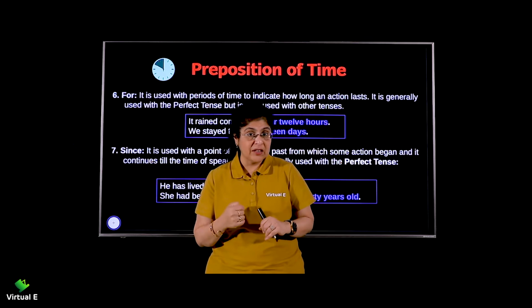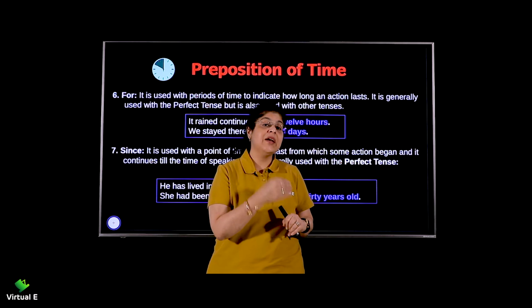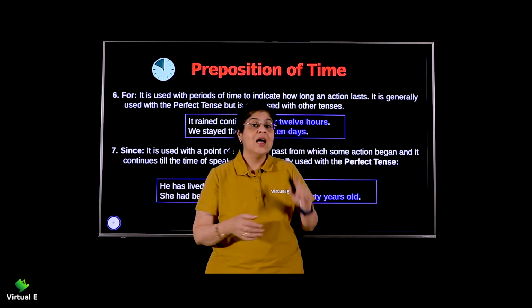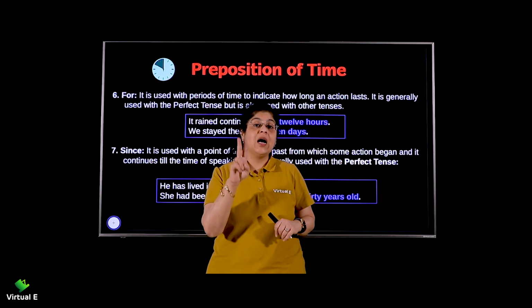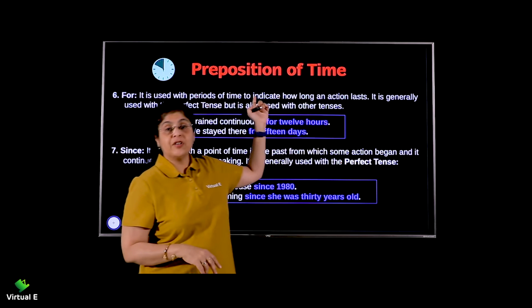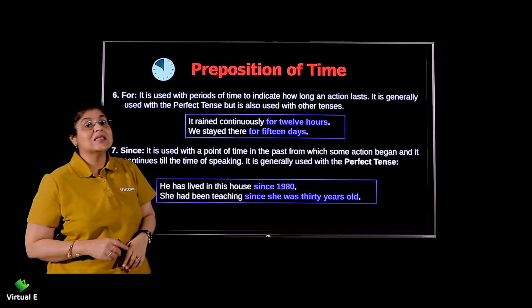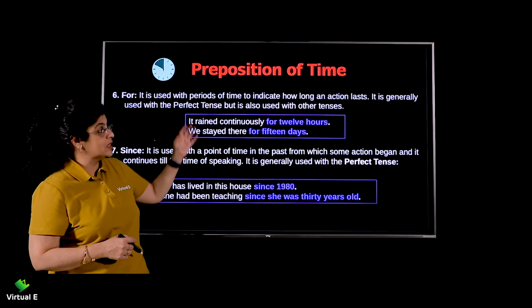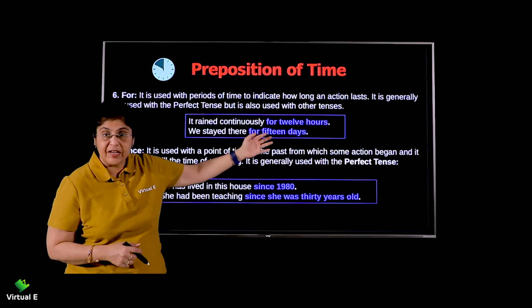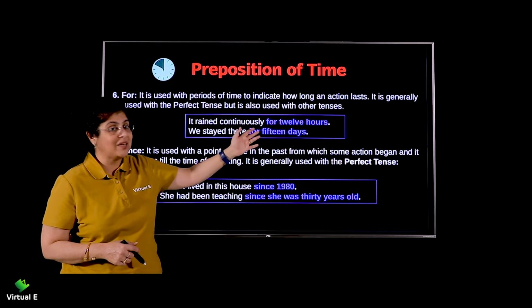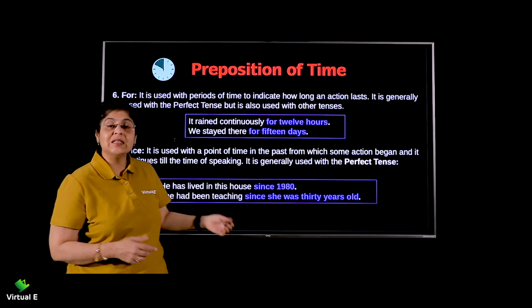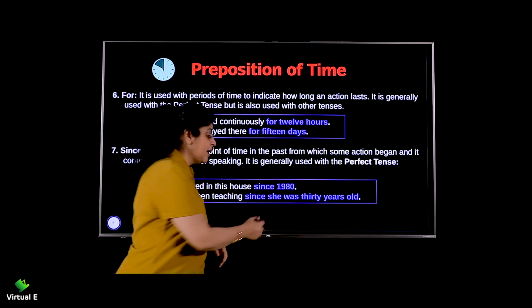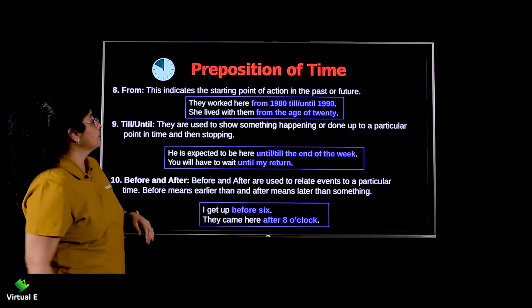You were supposed to meet me at 3. I have been waiting for you since 3 o'clock. I have been waiting for you for 2 hours. So for is the duration and since is the starting point. Those are the number of hours, the number of days, number of months. The duration can be any unit of time. And since is your starting point. When did you start doing it?